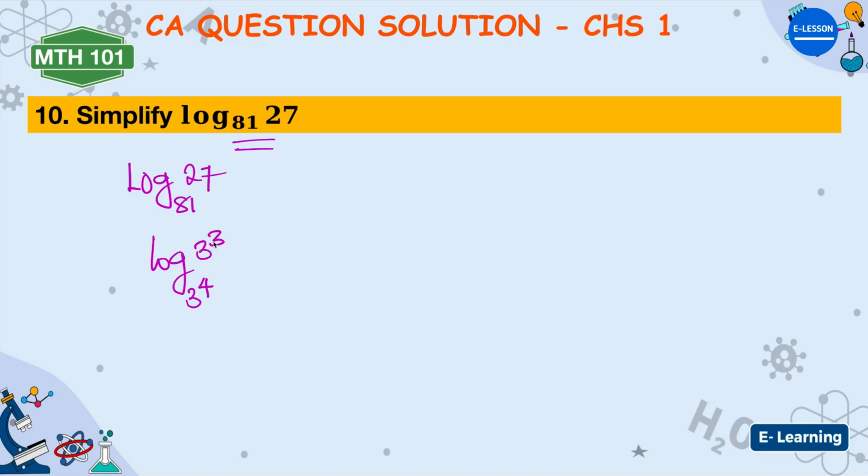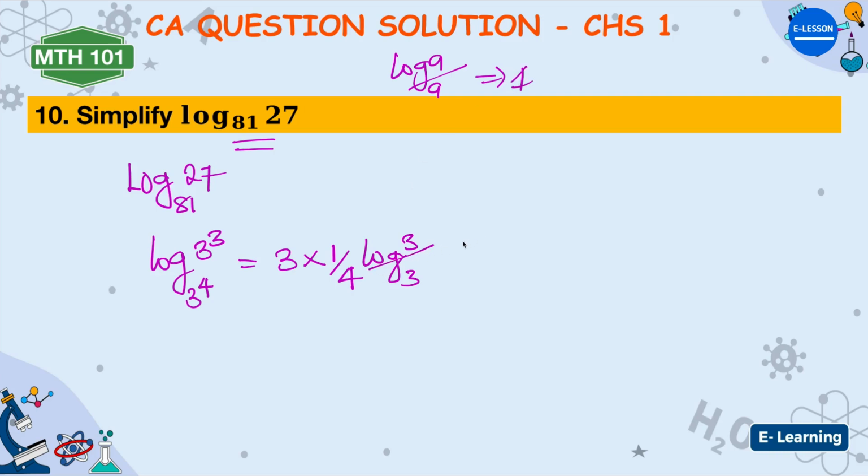According to the law of logarithm, this 3 can come back. So that will give us 3 times. This 4 can also come back, but it comes back as 1 over 4, not just 4. So this will give us 1 over 4 log 3 to base 3, because there's a law of logarithm that says if you have log a to base a, this will cancel to give us 1.